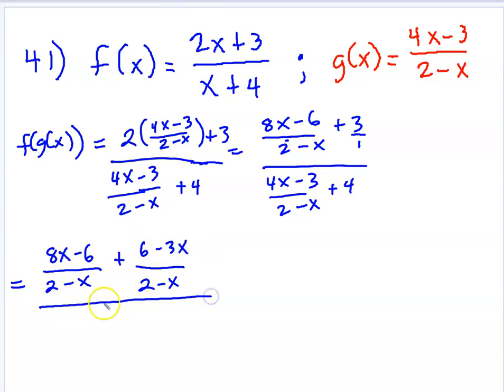And we'll do the same thing on the bottom. 2 minus x will be the common denominator.